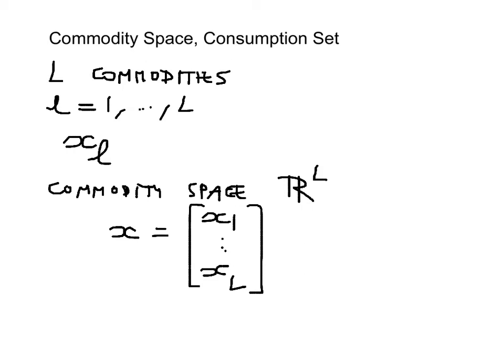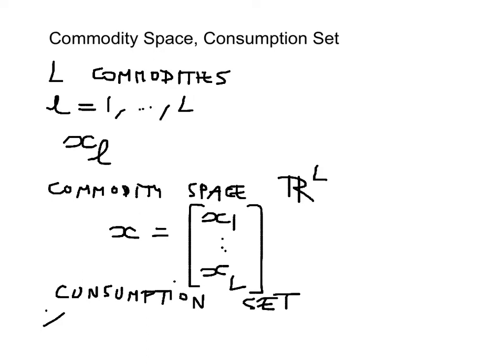Now, we may restrict ourselves to a subset of the commodity space to the extent that consumption choices might be limited by physical constraints or institutional constraints or other kinds of constraints. So we're going to be considering the consumption set, which is simply going to be a subset of the commodity space.